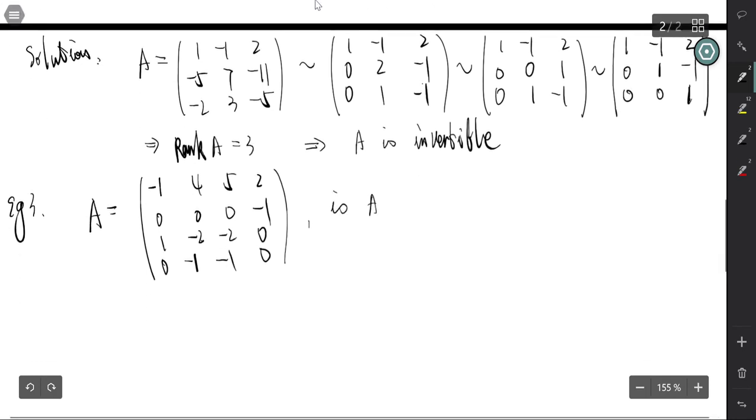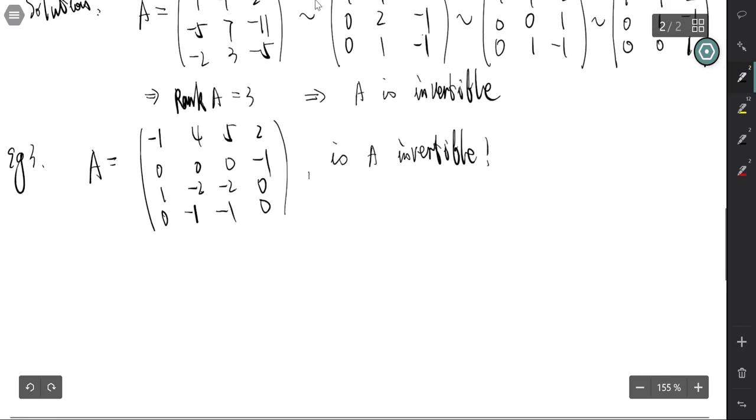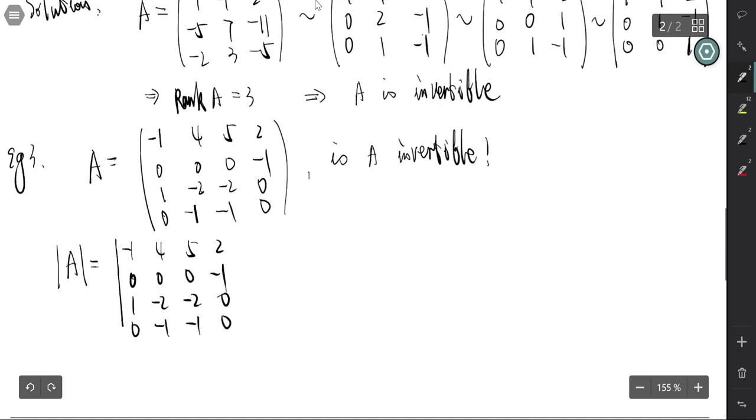Is A invertible? Because there are too many zeros here, maybe it's easier to find the determinant. So we use the determinant to determine whether A is invertible or not. -1, 4, 5, 2, 0, 0, 0, -1, 1, -2, -2, 0, 0, -1, -1, 0.